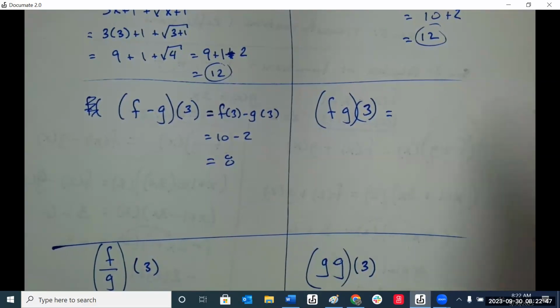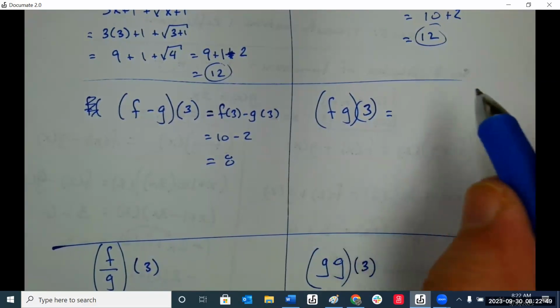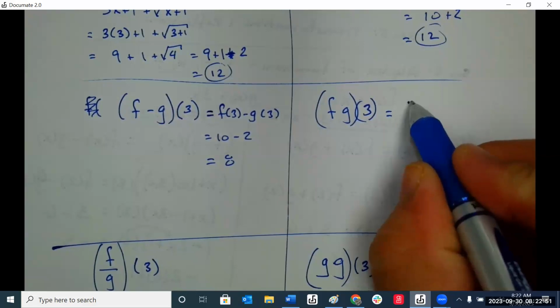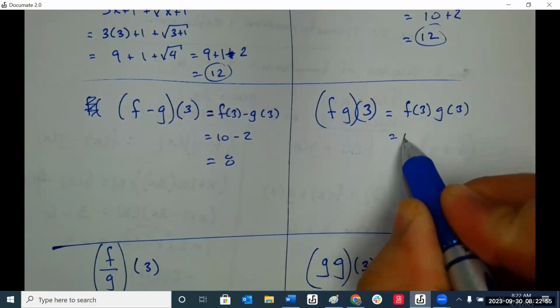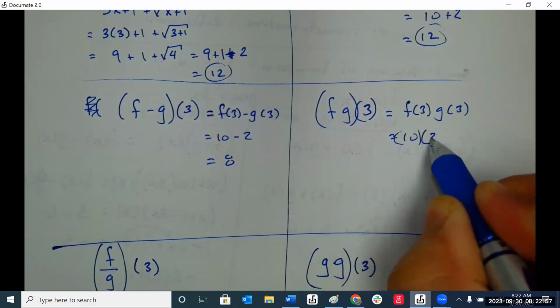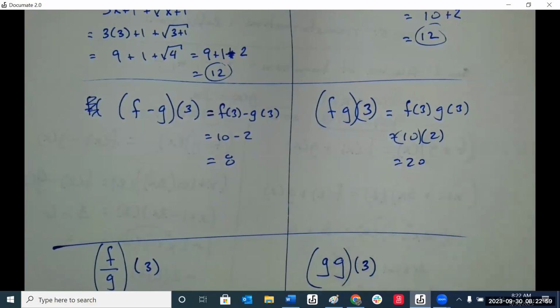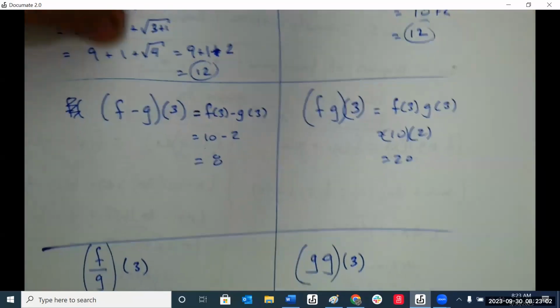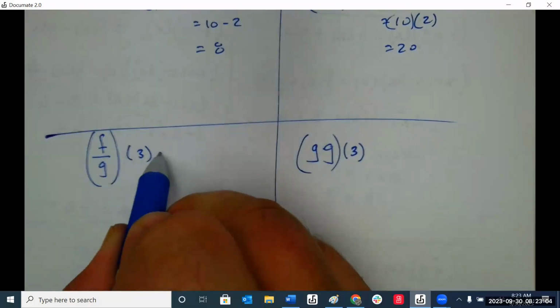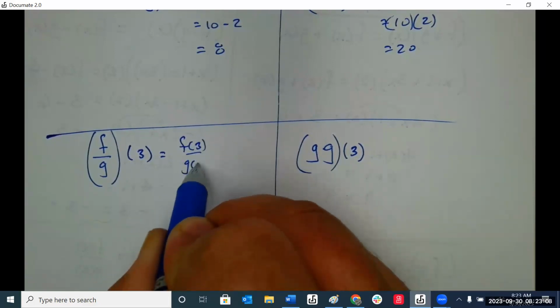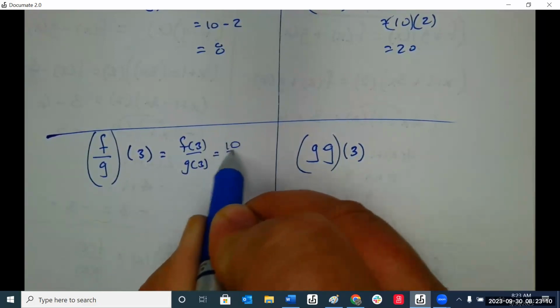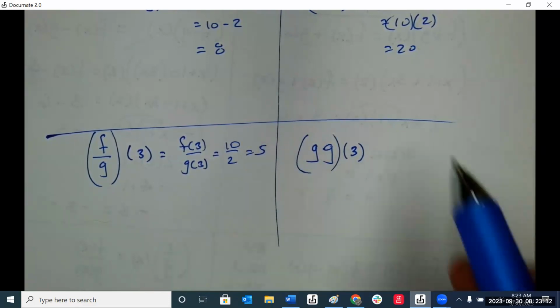And last, the multiplication one? 10 times 2 is 20. Very good. The division one? 10 divided by 2 is 5.